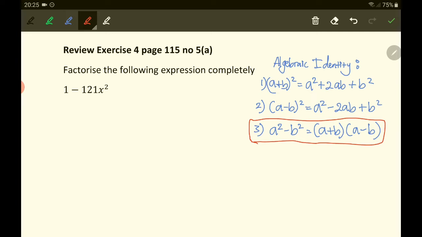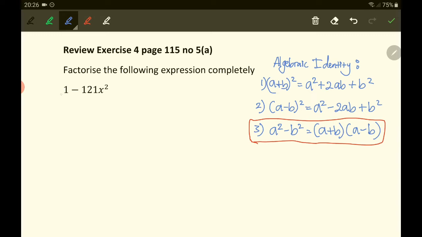I hope you remember it: a squared minus b squared equals (a plus b) times (a minus b). This form matches the form in the question.